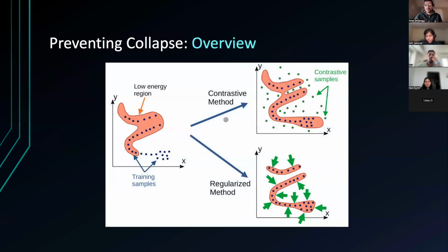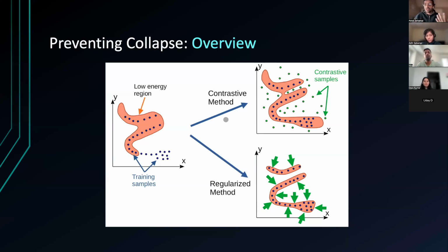In contrastive methods, you need a lot of samples just to pull the entire energy space up. As the dimensionality increases in the representation space, you'll need a lot more samples to increase the energy of all the different y minus out there.